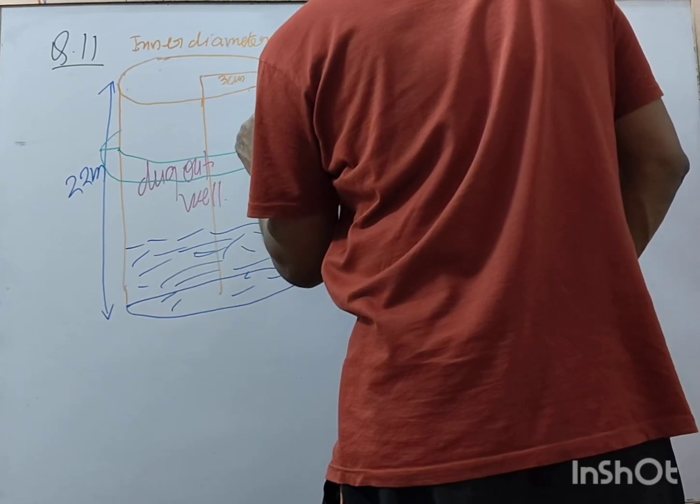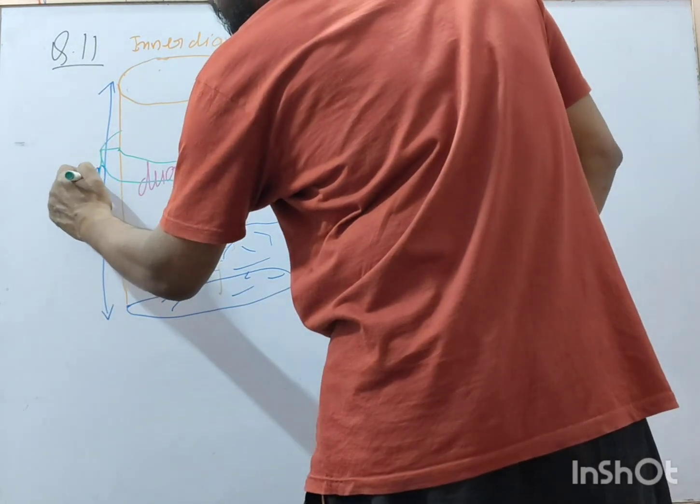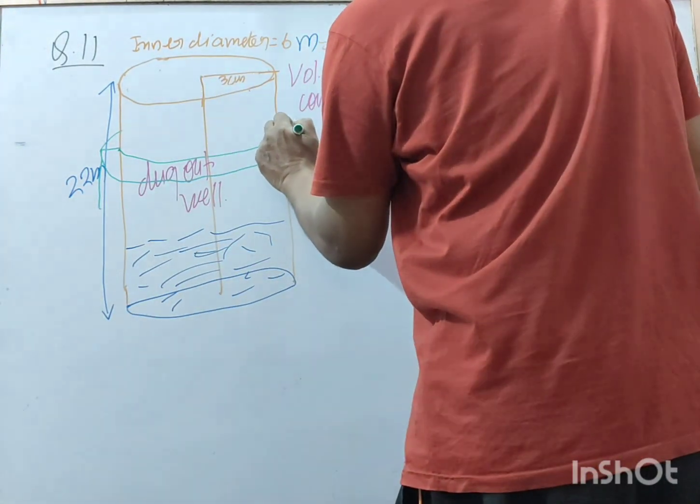What is the thickness of the embankment? Thickness is 5 meter.